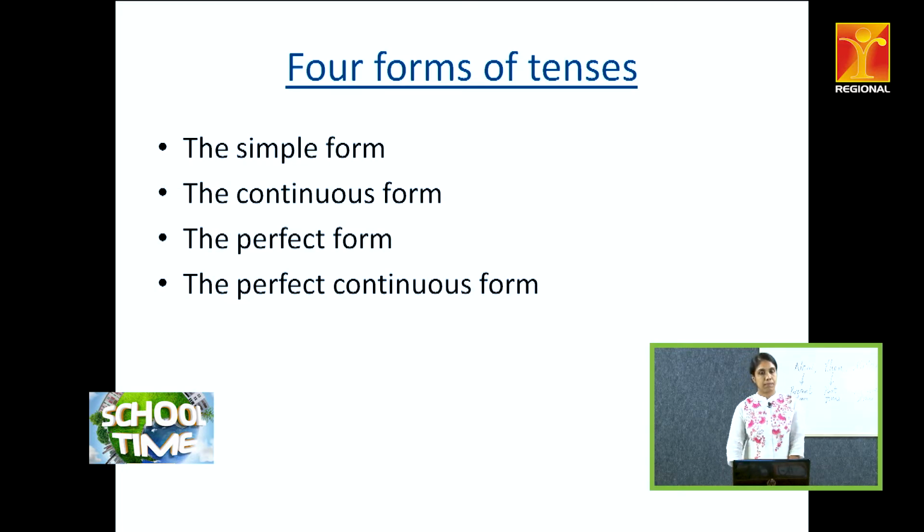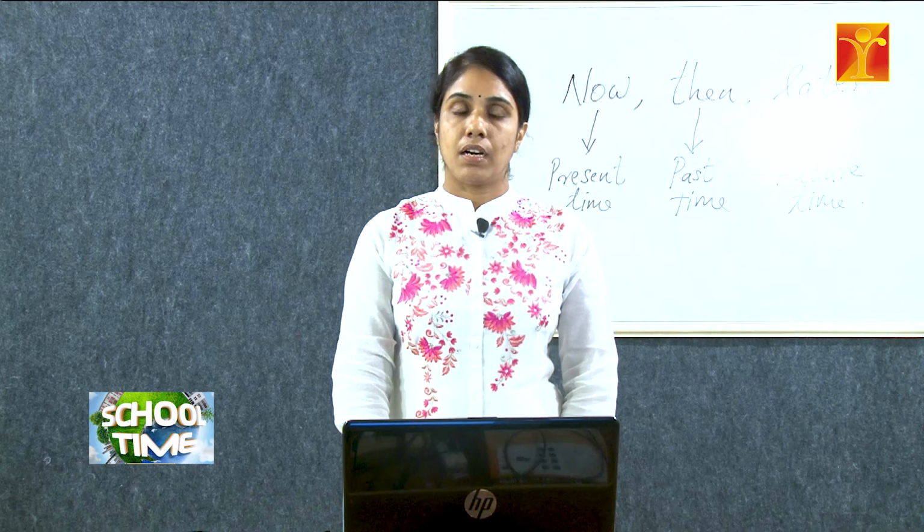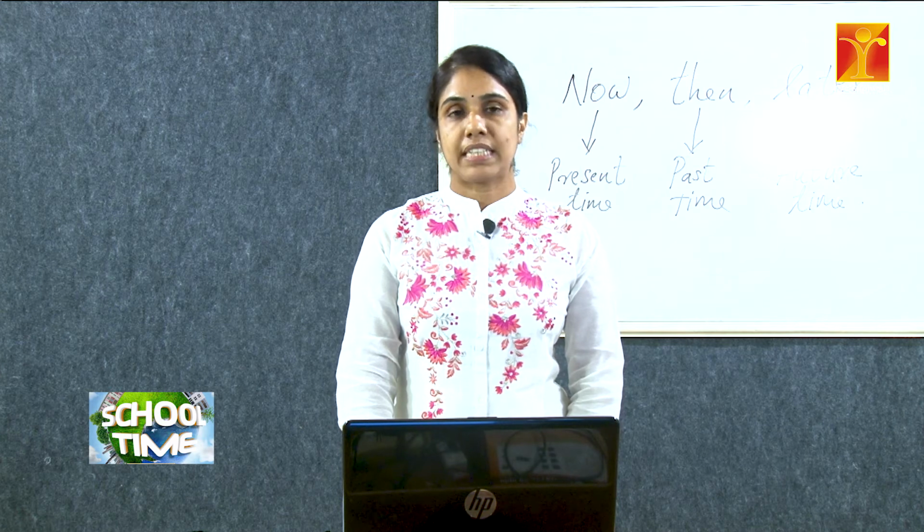The first one is the simple form of the tense, the second one is the continuous form, the third one the perfect form, and the fourth one the perfect continuous form. The continuous form we can also call the progressive form, and the perfect continuous form, the perfect progressive form. They are the four subdivisions of the three main tenses.